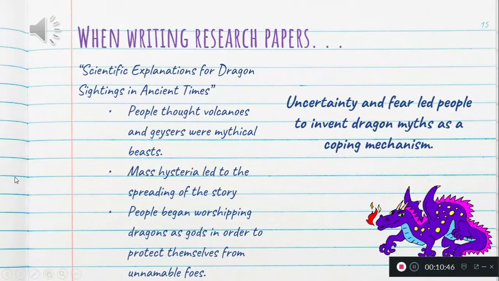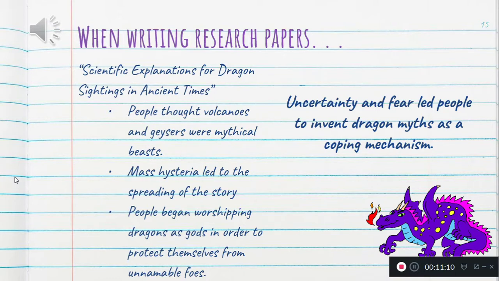Our second source, Scientific Explanations for Dragon Sightings in Ancient Times, tells us the following. It tells us that people thought volcanoes and geysers were mythical beasts. Second, it says that mass hysteria led to the spreading of the story. And finally, it says that people began worshipping dragons as gods in order to protect themselves from unnameable foes.